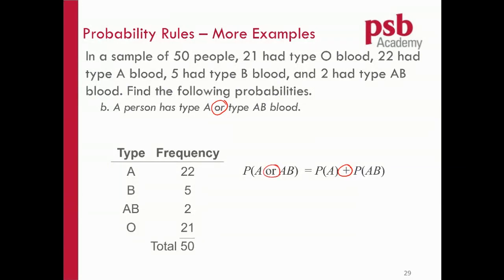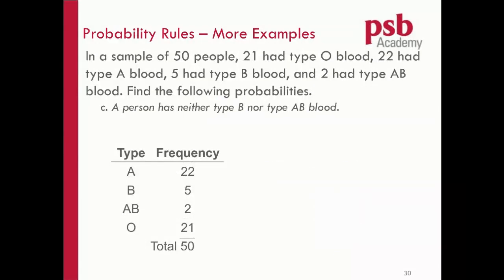Whenever you have an or, you have to add. So what do you have in A? What do you have in AB? So we just add them together, right? 22 over 50 plus 2 over 50, you get 24 over 50, and you get 0.48. Straightforward. Let's go to the next question.